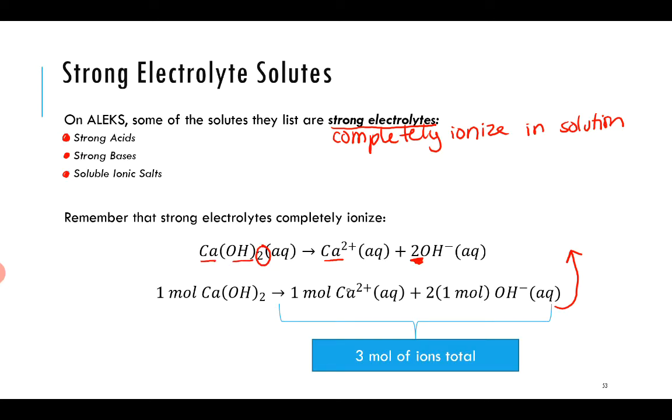When I'm calculating my molality, we have to remember it is moles of solute per kilogram of solvent. Since I have 3 moles of ions, that's going to be 3 per however many kilograms there are. I don't know how many kilograms there are in this particular problem, but I would know that there's 3 moles of solute for my molality.